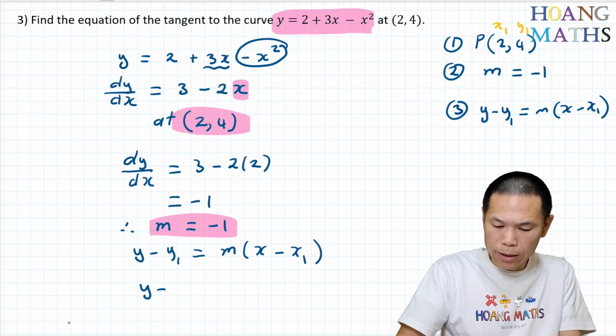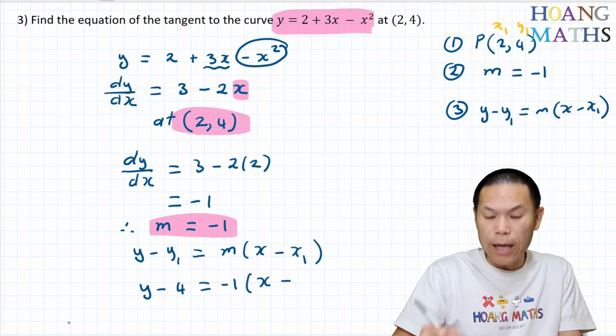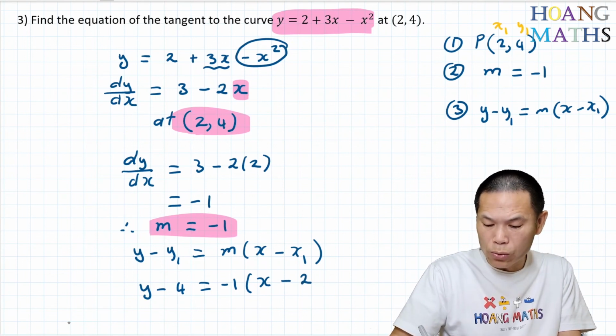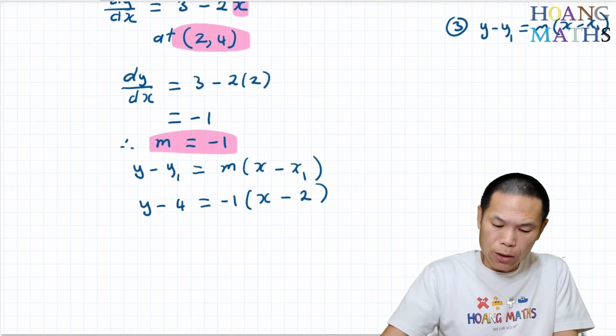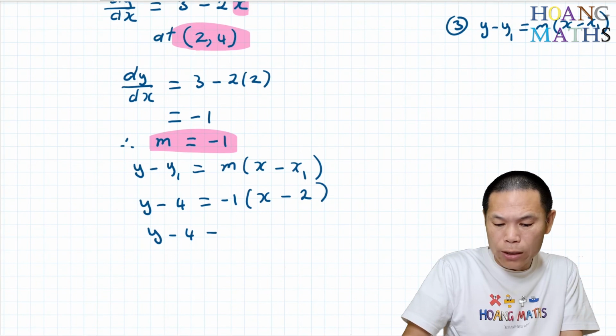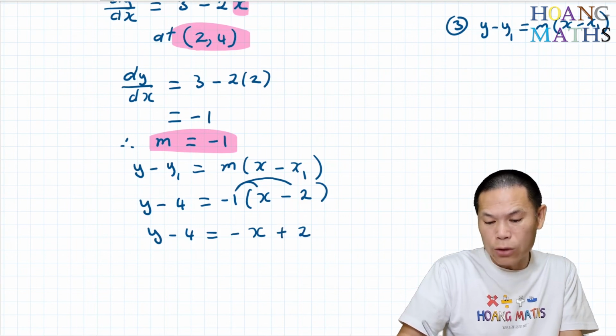So y minus 4 is equal to m, which is negative 1, times x minus x1, and x1 is 2, so minus 2. Now I just expand the brackets. So that becomes y minus 4 is equal to negative 1 times x, which is negative x, and negative 1 times negative 2, which is positive 2, or plus 2 if you like.